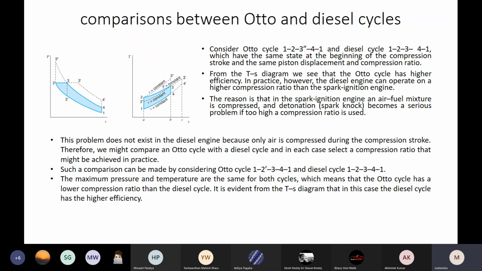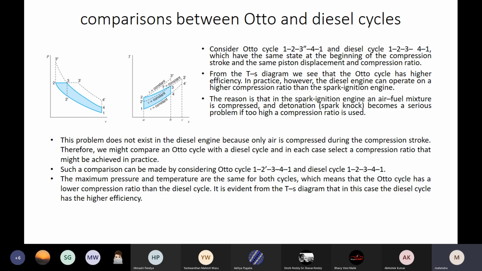When we are comparing both, for the diesel engine the compression process is taken from 1 to 2. Then this is constant pressure heat addition. When you want to compare with the Otto cycle, the heat addition from here shall be considered from 2 to 3 dash.